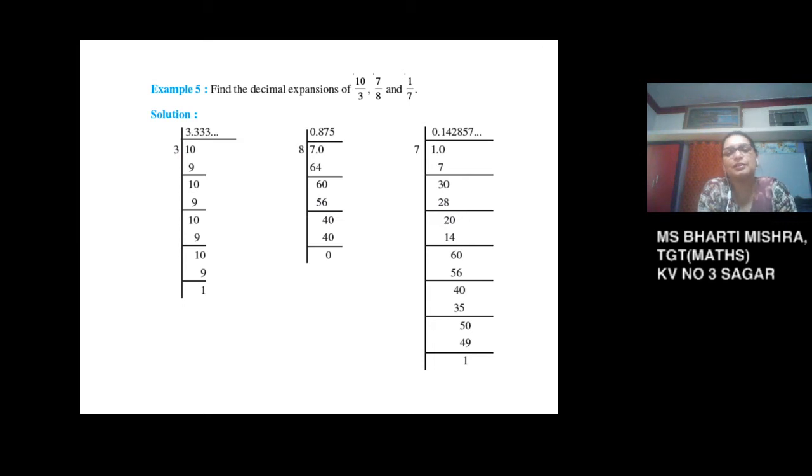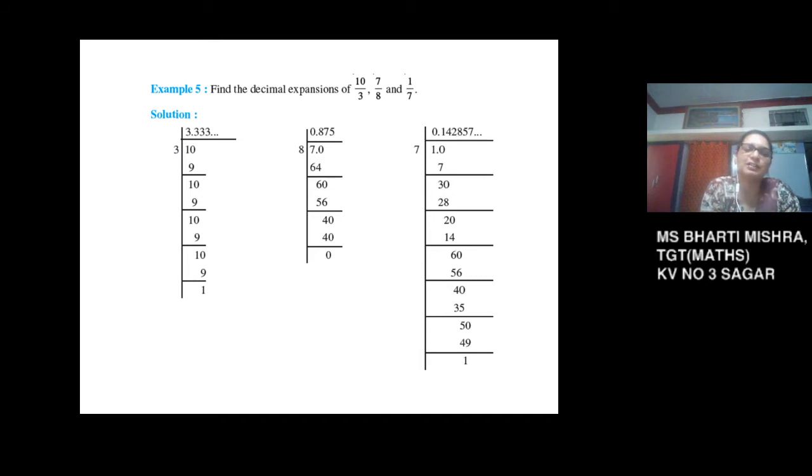So let us consider an example as given in your NCERT textbook to find the decimal expansion of 10 upon 3, 7 upon 8 and 1 upon 7. The first is 10 upon 3. Here we are going to divide 10 by 3.